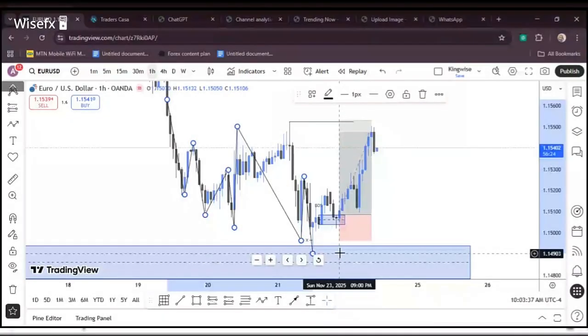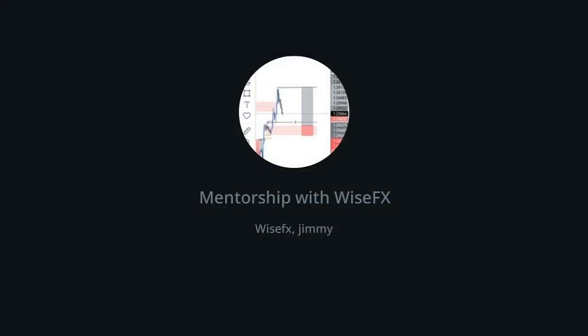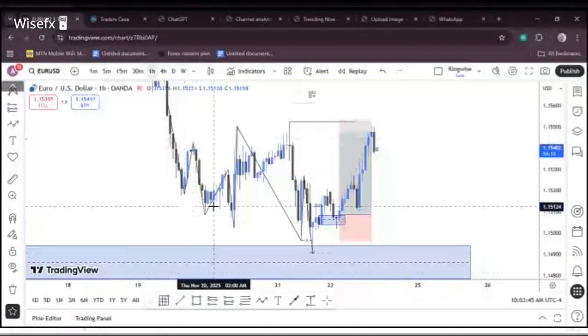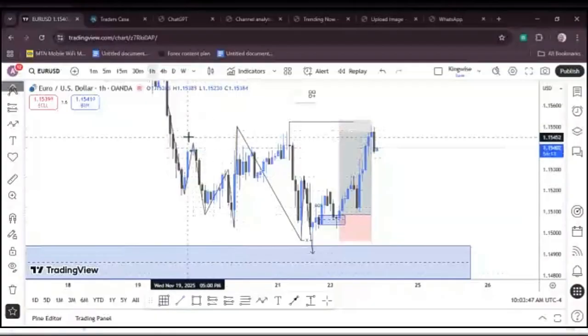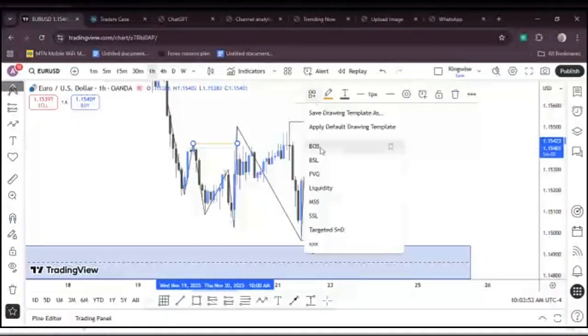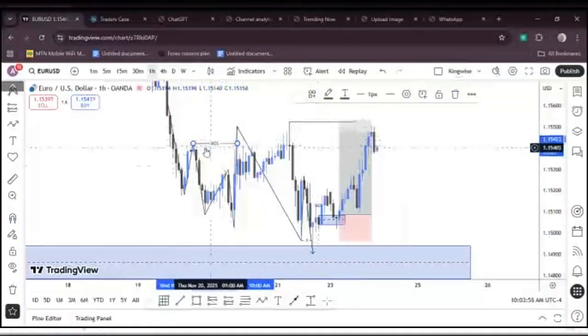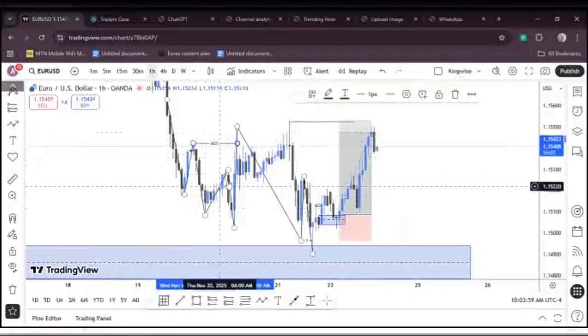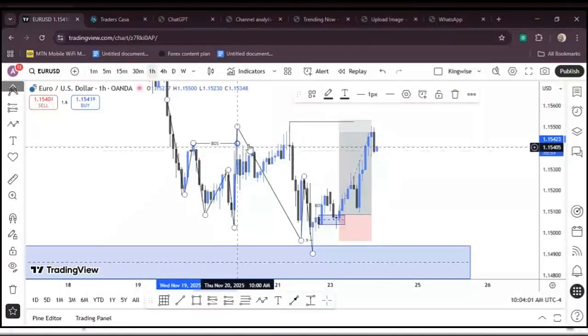So all this move from here to this point is just to trigger buyers, because a lot of people will have looked at it as a change in market structure. Our market has changed structure on the 1-hour time frame.